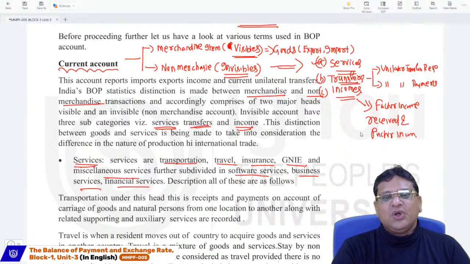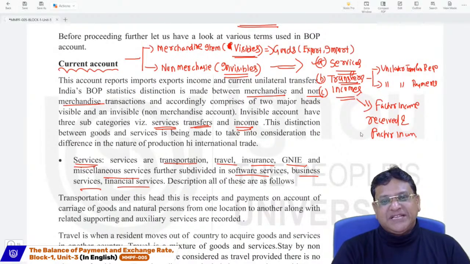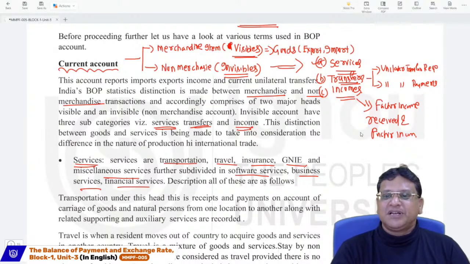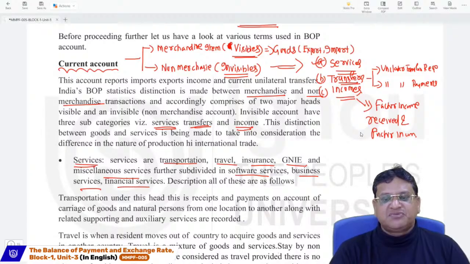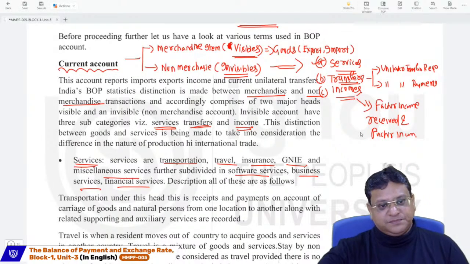So current account consists of mercantile items and non-mercantile items, technically called visible items and invisible items. Visible items relate to goods; invisible items relate to three things: services, unilateral transfers, and factor incomes.